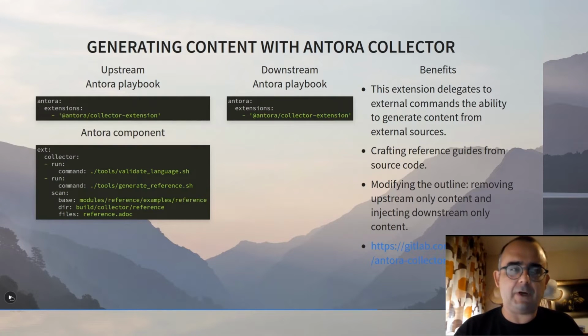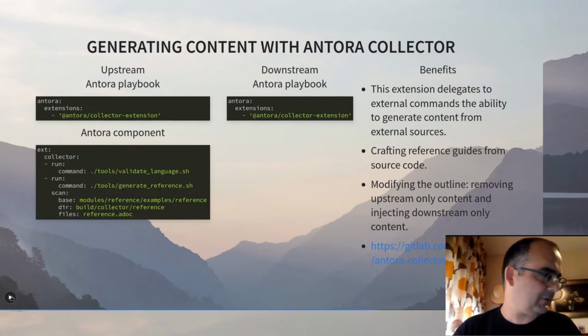With attributes, you can modify inline content. With includes, you can modify blocks of content. And with the Antora collector extension, you can modify entire files, and you can also add entire files. And we have been using that for two kinds of things.